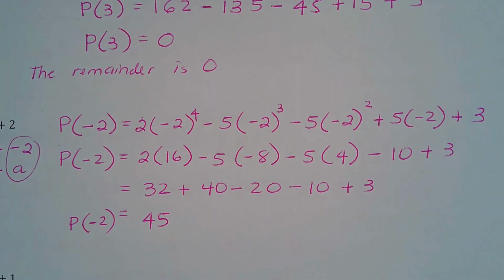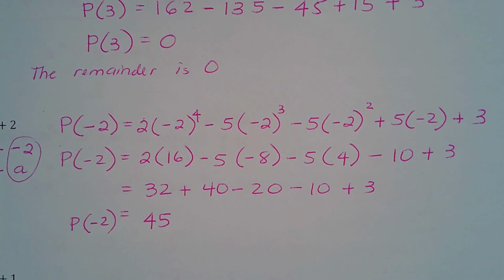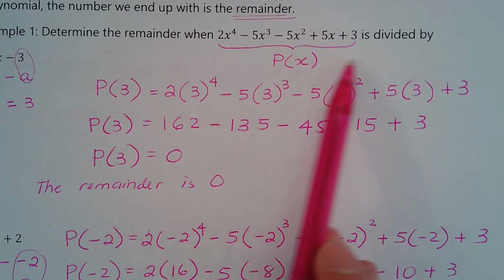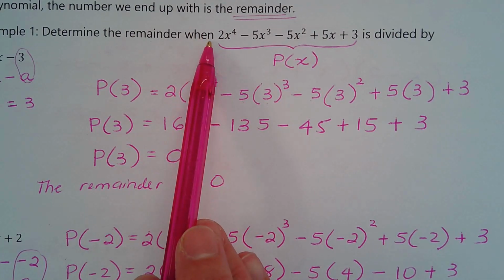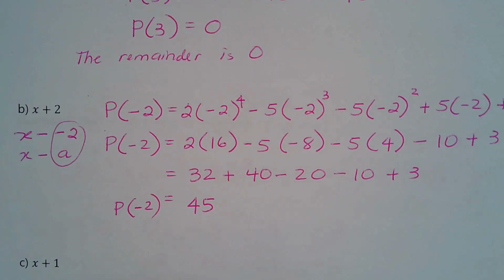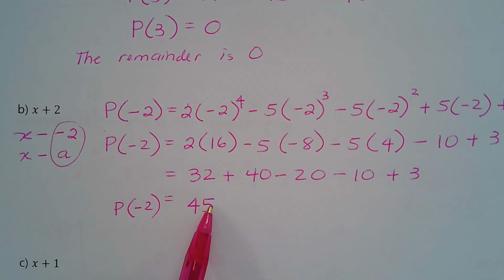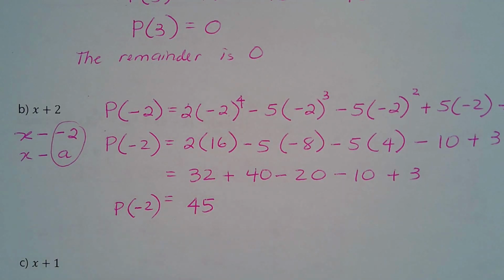It means that when we take this polynomial and divide it by x plus 2, we're going to get a remainder of 45.